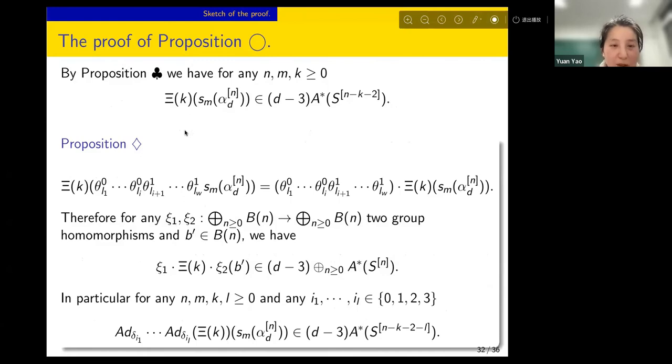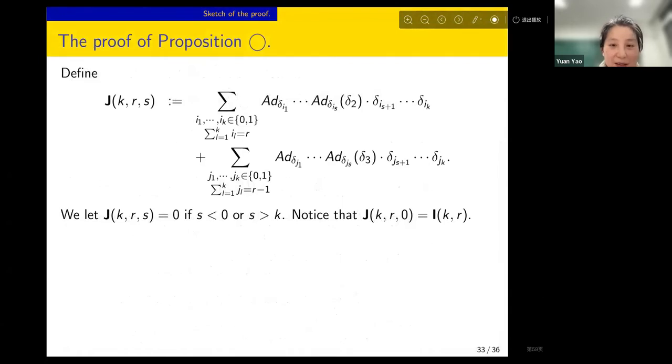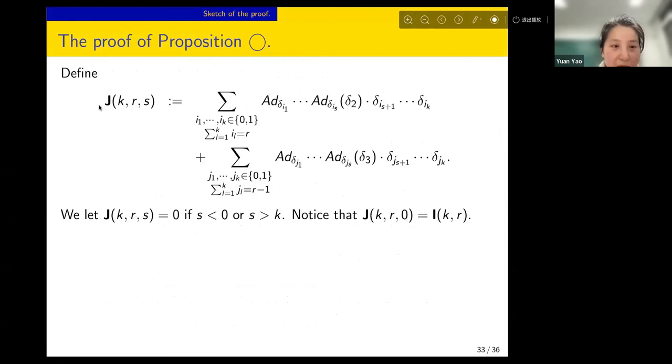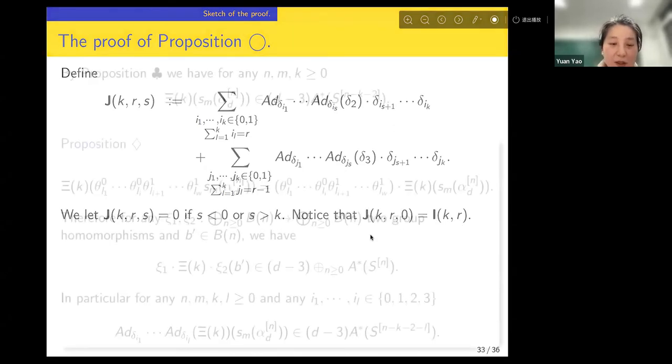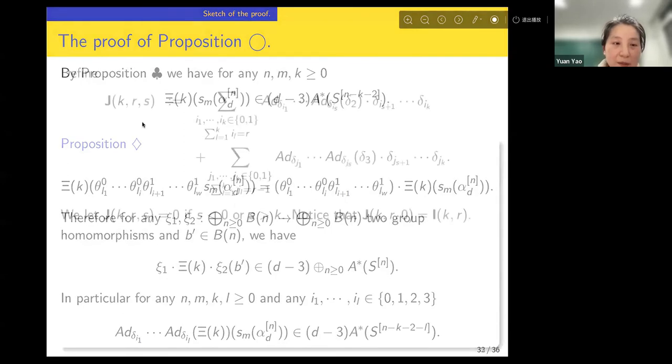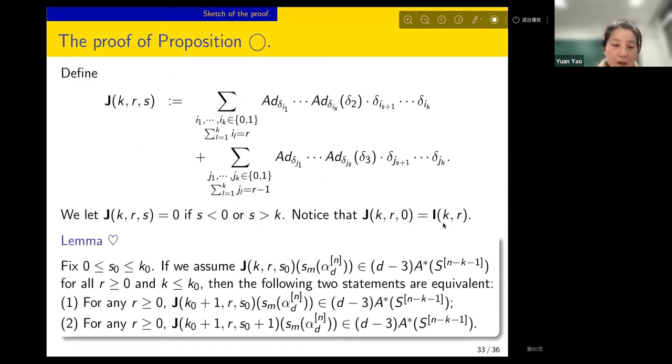Now what we want to prove is proposition circle. We get another expression, J. What we want to prove is that I K R acts on the Segre integral, Segre class, and you get a multiple of D minus 3. Now J K R S, when S equals 0, is exactly what we want, I K R. And we use the induction again.